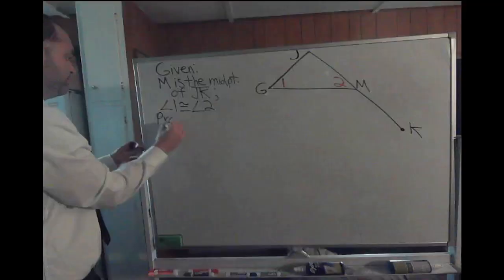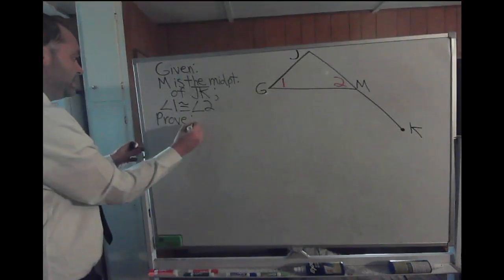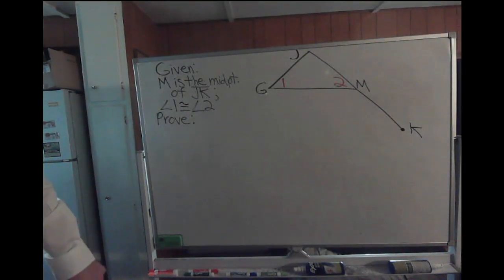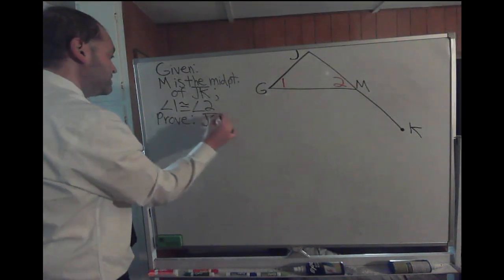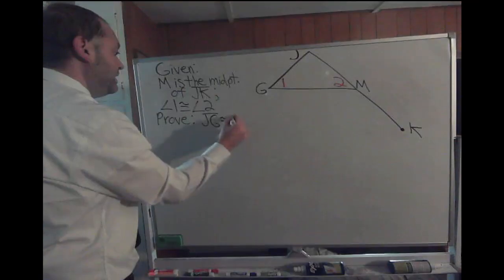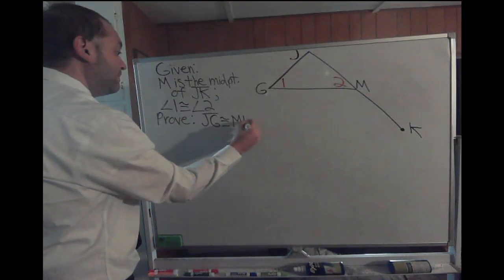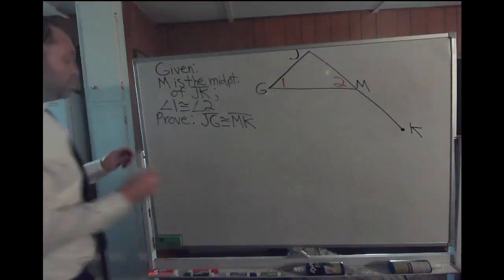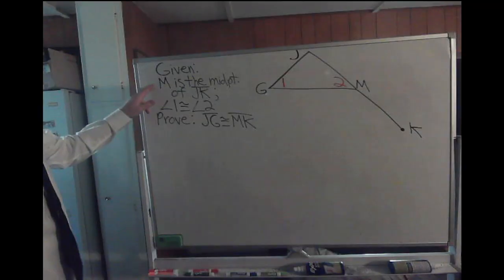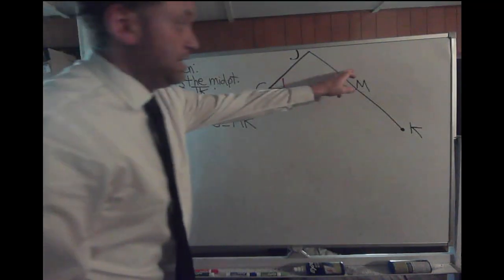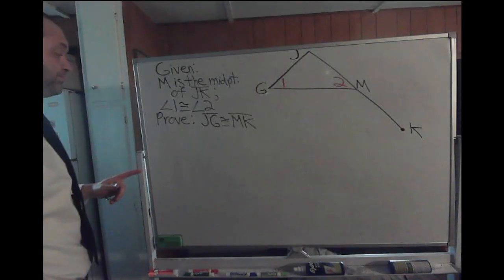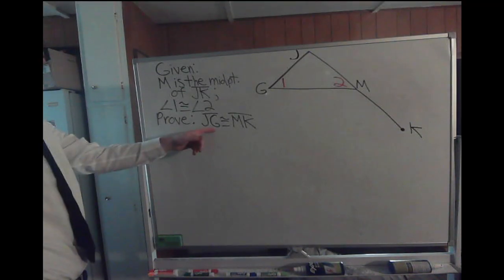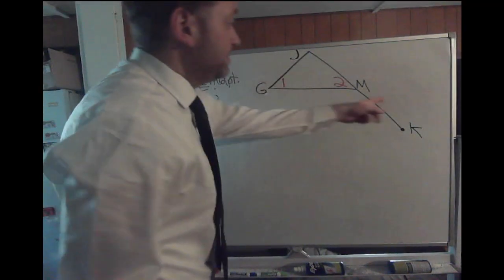What we have to prove is that JG is congruent to MK. Alright, so we're given that M is the midpoint of JK. We're also given that angle 1 is congruent to angle 2. Now we have to prove that JG is congruent to MK.